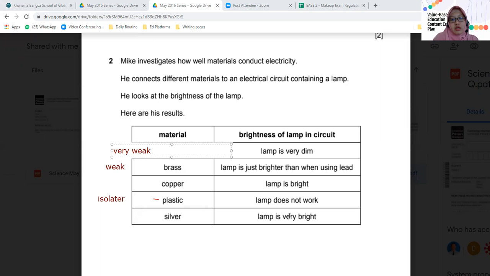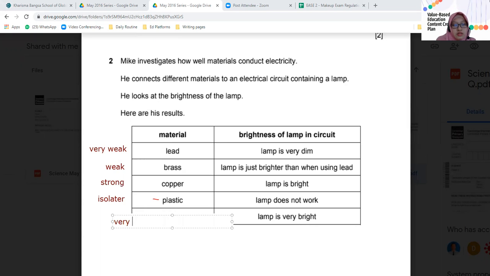Then copper is quite strong because the lamp is bright, and silver is very strong at conducting electricity because the lamp is very bright.